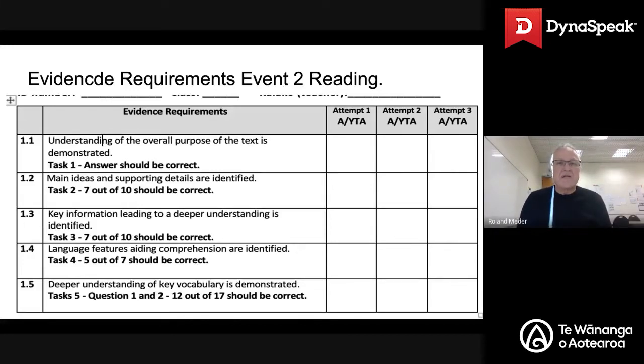And sometimes it's the other way around. Sometimes you are given the supporting details and you have to provide the main idea. But your teacher will make sure you understand what you need to do on the day of the assessment. And probably you are doing some practice tasks related to this already. So you should be familiar with what to do.